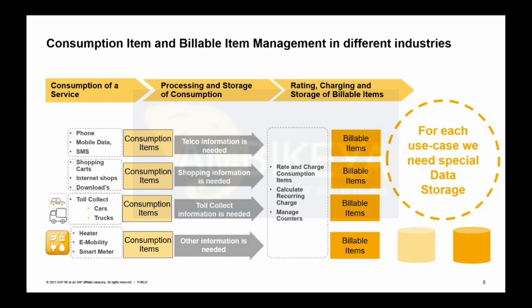And the system then, just with customizing, creates the databases for the consumption items. And there you can define your own customer fields. This means that each industry can adapt their databases to their own industry-specific needs.